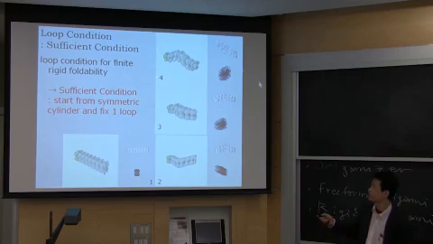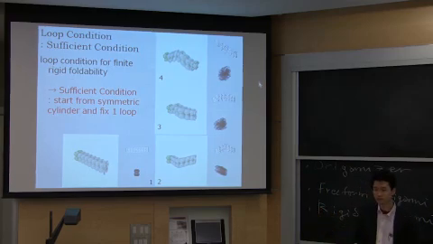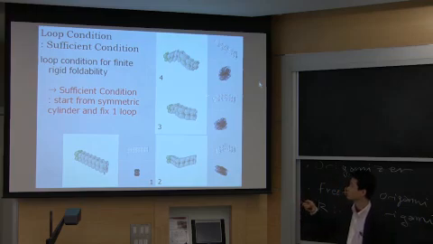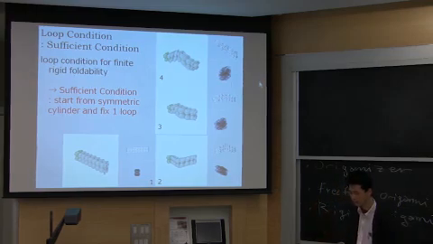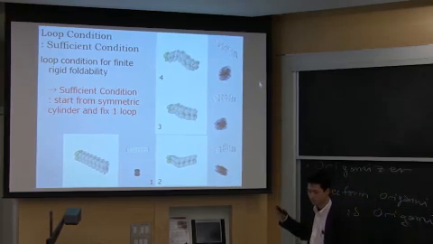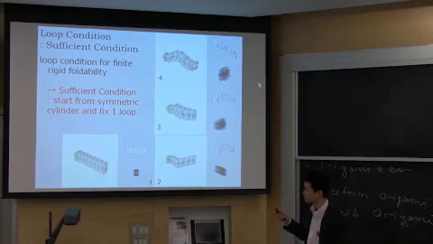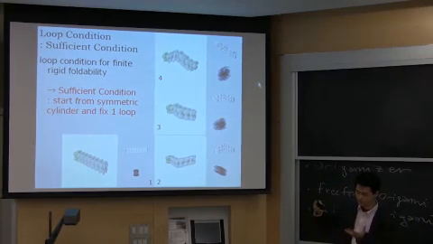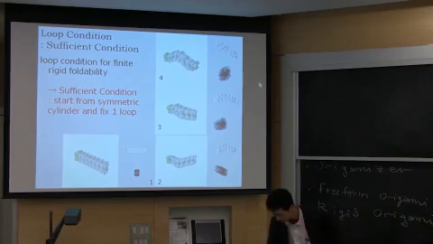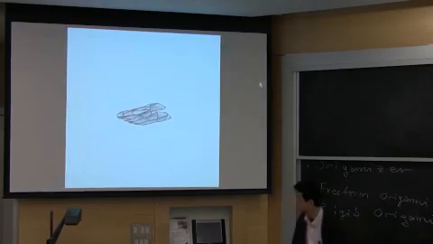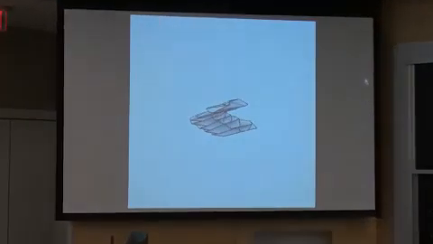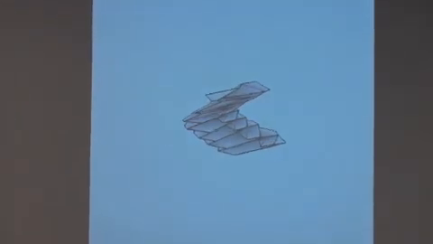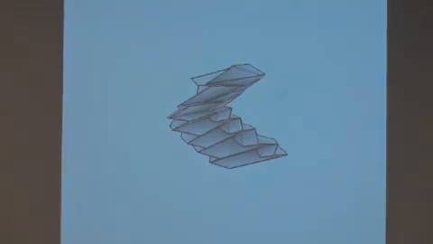Then you know that this part is rigid foldable, so you can continue the formation from there. So this is kind of a sufficient condition, but useful for designing something like this. So it's more freeform. For example, this is also a 1 degree of freedom, rigid foldable cylinder.